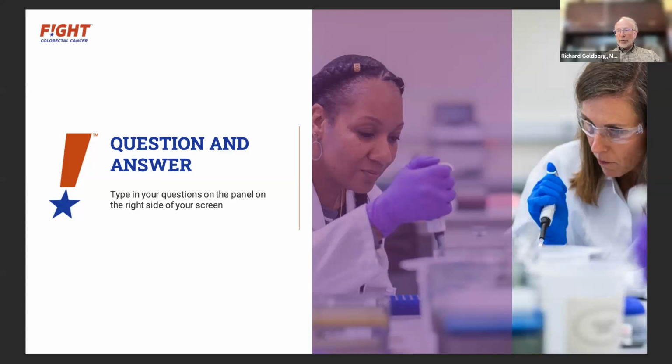For stage 2, 3, and 4 tumors, we do commonly do biomarker testing, again, to try and identify patients with Lynch syndrome, also to try and determine if the patient has a bad biomarker, like a RAS mutation that could portend a worse prognosis.